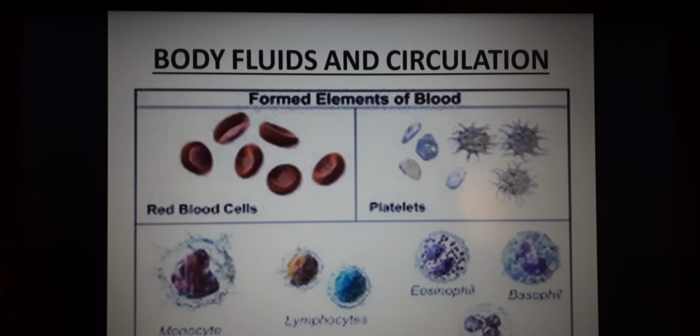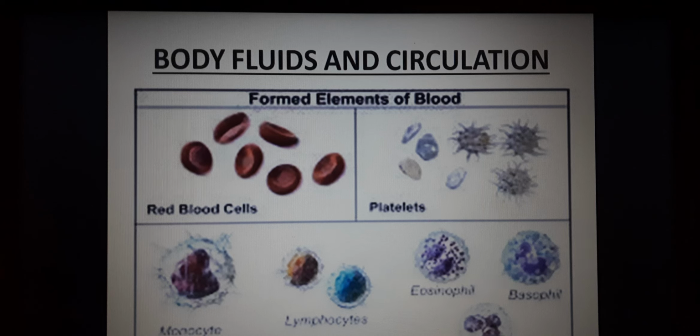For circulation in simple organisms like sponges, coelenterates, etc., they use water from their surroundings. So whenever we think of circulation in higher organisms, then comes the blood.